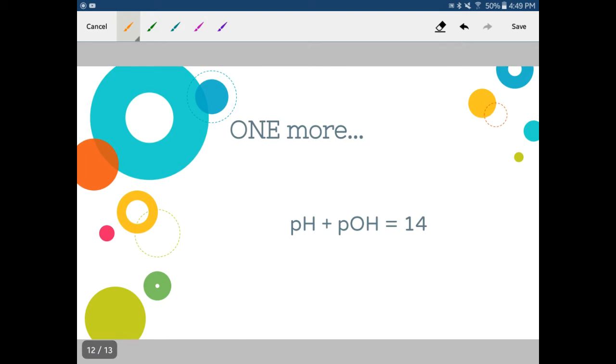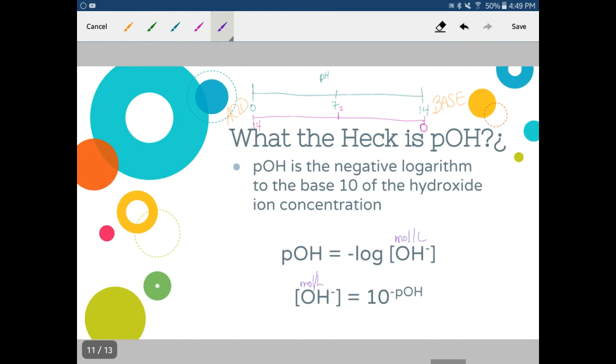One more bit of math to look at is calculating either your pH or pOH. Based on our water ionization constant, which you'll learn a little more about in Chemistry 30, your pH plus your pOH will equal 14, simply because we have the inverse of these scales.